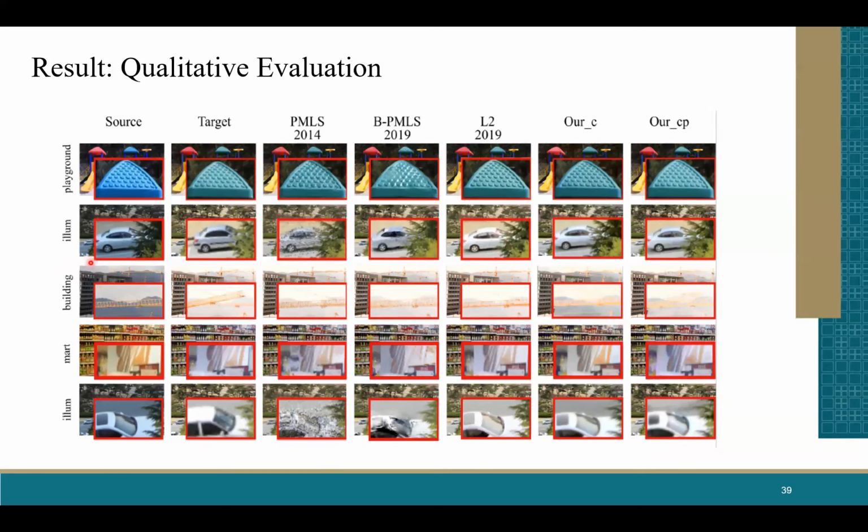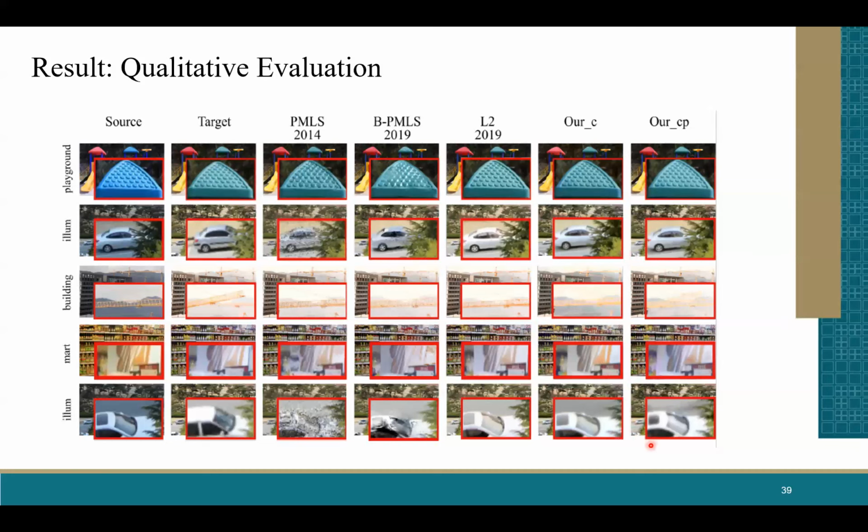For example, in Elm, we have a completely different car, and our approach successfully transferred the colors with no problem. And also in Mart, there is motion here, so the two images are not exact. There is motion between the two images, and our algorithm can correctly transfer the colors between a moving object.